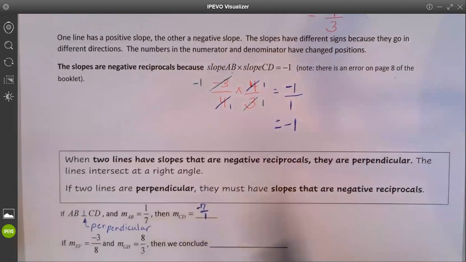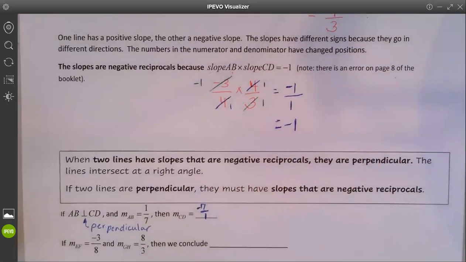Now, conversely, in the next example, line segment EF has a slope of -3/8 and line segment GH has a slope of 8/3. When we notice the relationship here, the numerator and the denominator have switched positions and the signs are opposite.